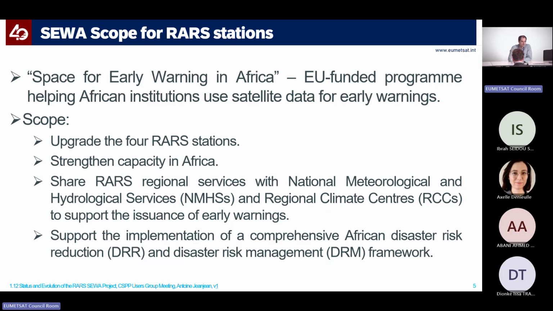It has a wider scope, so I focus on the project for the RAS, but the aim is to upgrade the four RAS stations to make them functional, strengthen capacity in Africa, and share regional services with national met services and regional climate centers to support the issue of early warnings and the implementation of disaster risk reduction and disaster risk management. It's a kind of continuation of SAWIDRA.